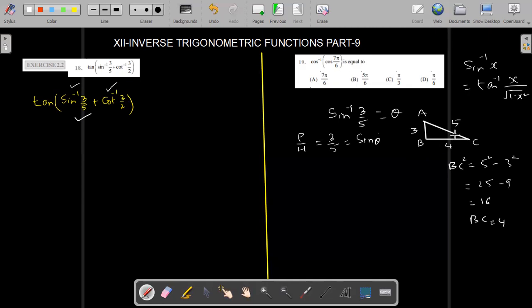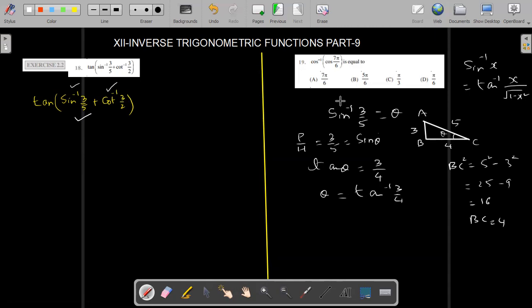Now this is the angle theta. So what will be the value of tan theta? We have to convert it to tan inverse. So tan theta is equal to 3 by 4, perpendicular upon base, or opposite upon adjacent, whatever you want. So theta is equal to tan inverse 3 by 4.